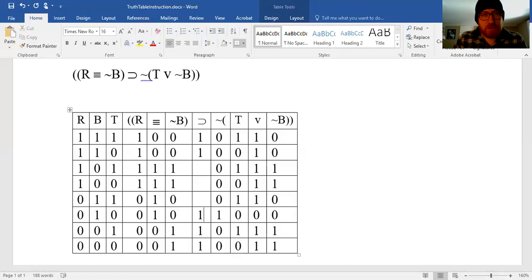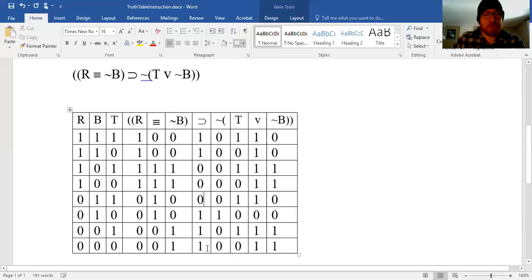A conditional statement is true just in case either the antecedent is false or the consequent is true. Now, on lines 3, 4, and 5, we've got a true antecedent and a false consequent. So this conditional is going to be false on all of those lines.